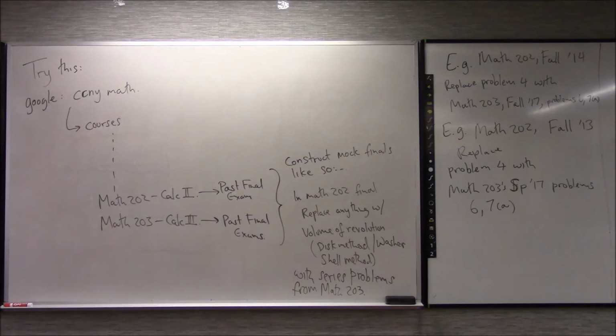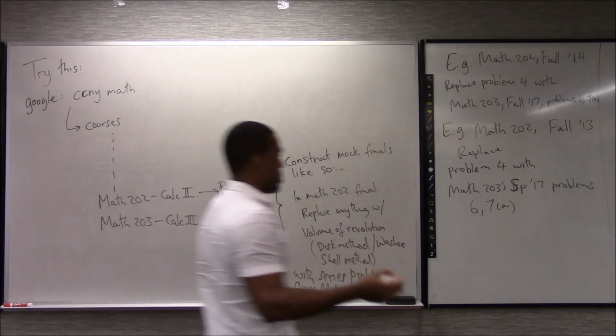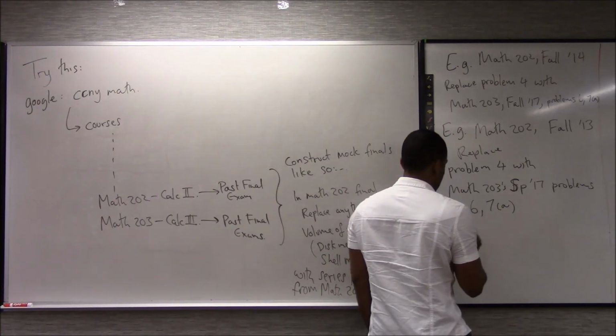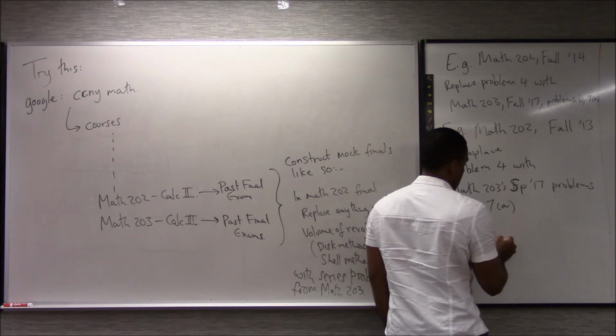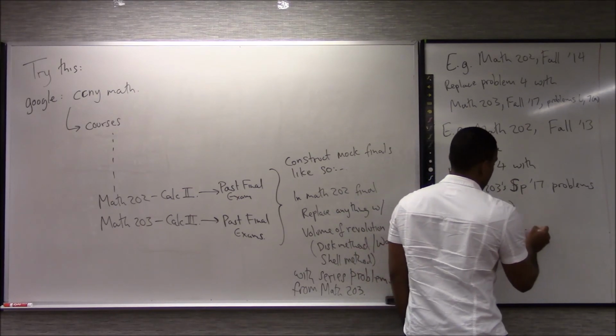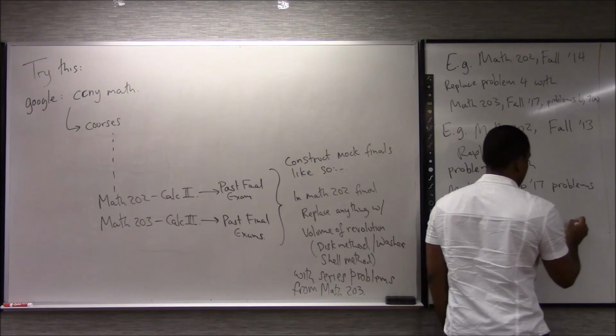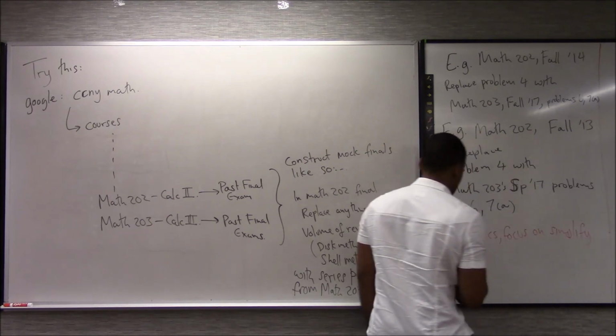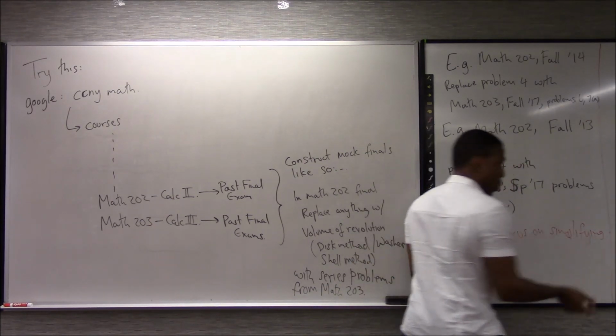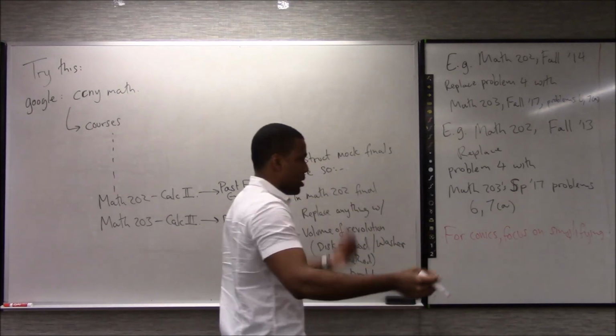Another thing you want to know how to do is, in terms of conic sections, like I said, I'm not going to ask you for things like foci and directrix. So for conics, focus on simplifying so that you can figure out what kind of conic you're looking at. Is it a hyperbola? Is it a circle?